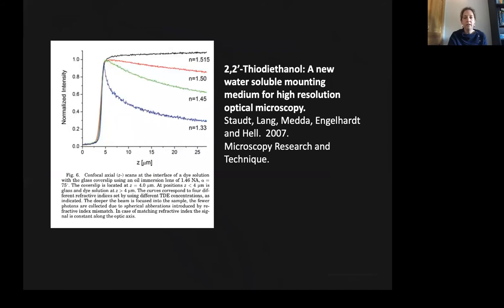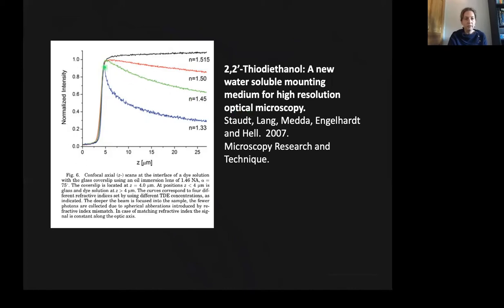This figure, taken from a paper by Stefan Hell, illustrates how much the signal drops off when you image away from the cover slip into unmatched refractive index media, an effect of spherical aberration. The cover slip is located at Z equals 4 microns, and at increasing depths, the graph shows the normalized signal intensity when imaging into dye solutions of differing refractive index, with a 1.46 NA oil immersion objective.